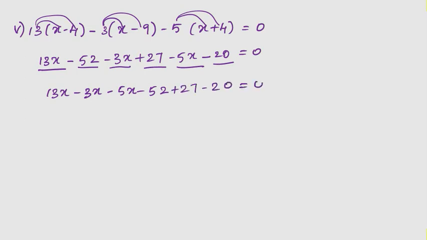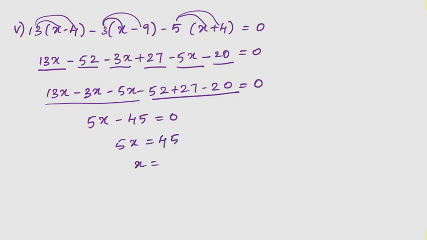So when we solve the x terms we get 5x, and when we solve the numerical values we get minus 45, which is equal to 0. So we get 5x is equal to plus 45, x is equal to 45 divided by 5. So when we divide this we get 9. So therefore x value is equal to 9.